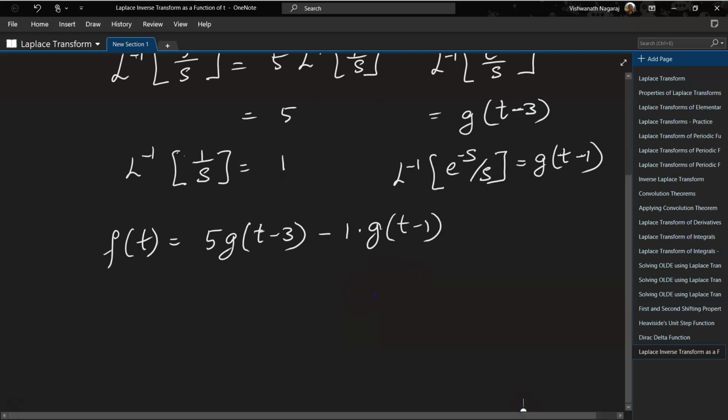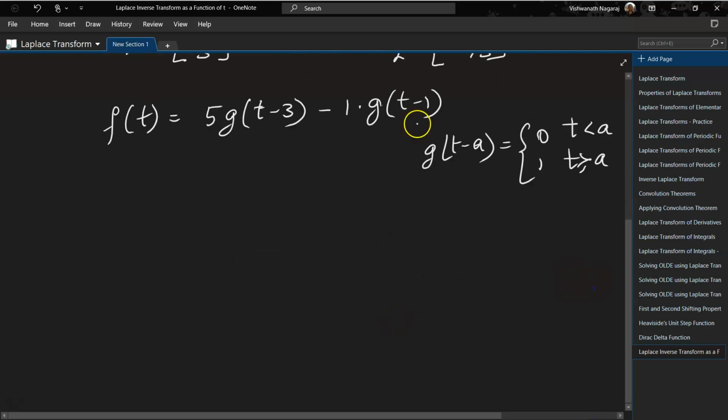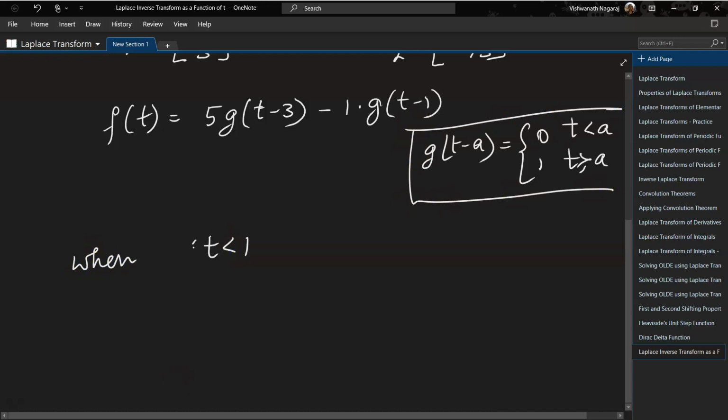Okay. Now remember, g of t minus a is equal to 0 or 1. When t is less than a, it is 0. When t is greater than or equal to a, it is 1. So this we have to remember. Now, when t is between 0 and 1, g of t minus 1 is equal to 0, right?